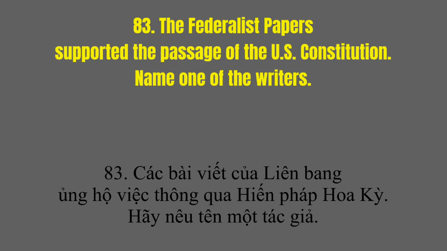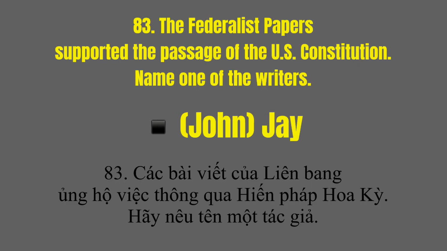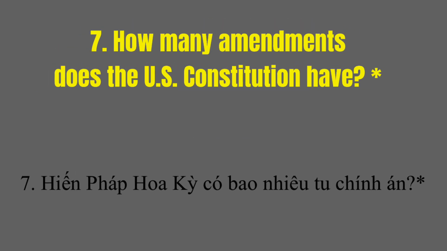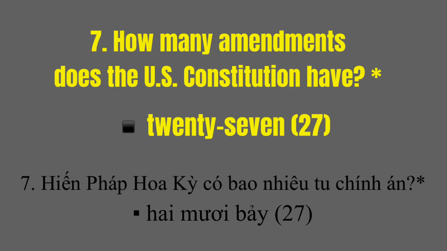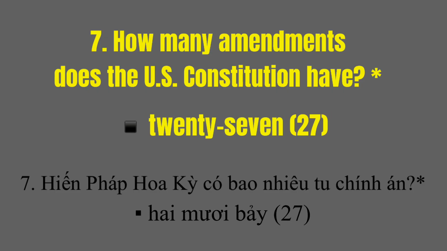The Federalist Papers supported the passage of the U.S. Constitution. Name one of the writers. John J. How many amendments does the U.S. Constitution have? 27.